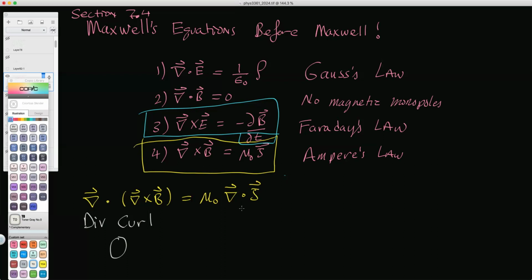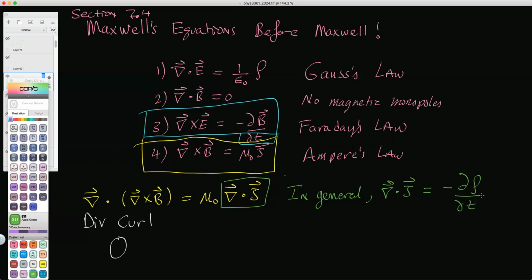So in general, del dot J is minus partial rho partial t, where rho is the charge density, right?